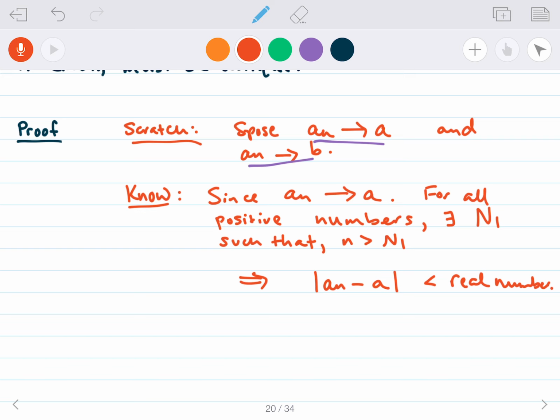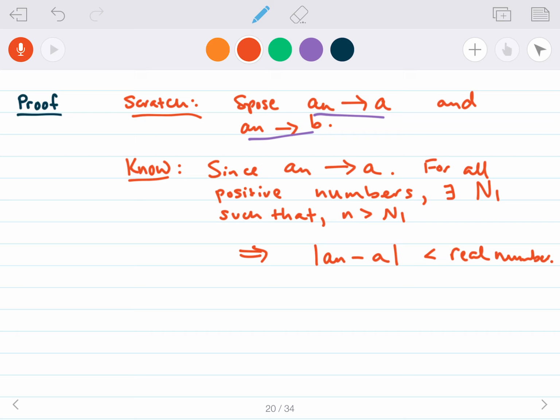Okay? And same thing for the sequence converging to b.